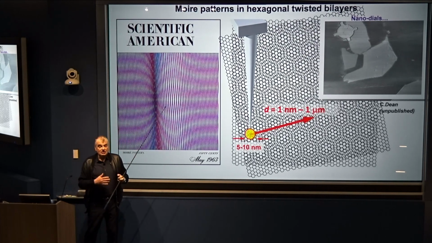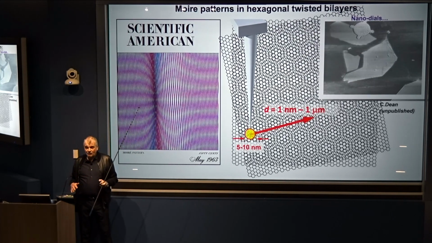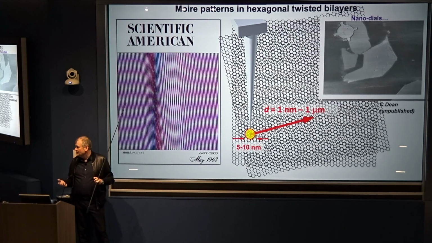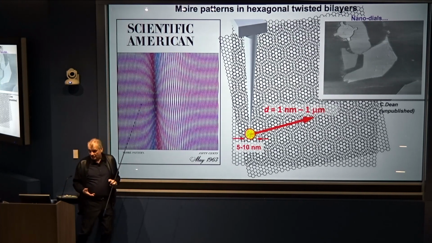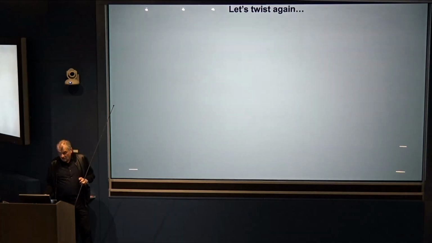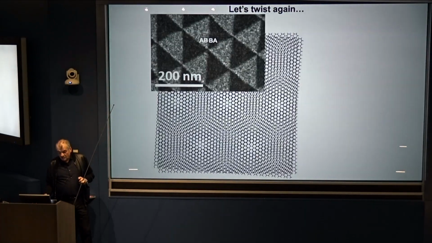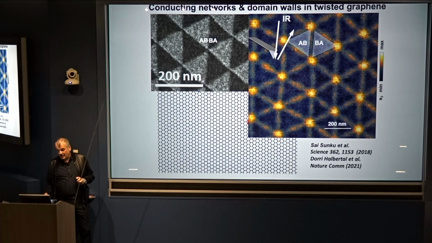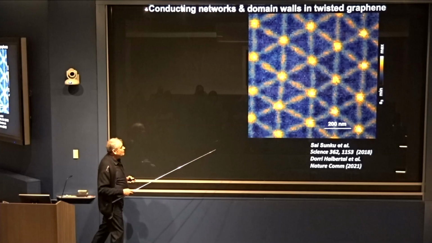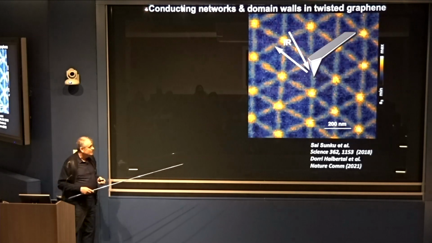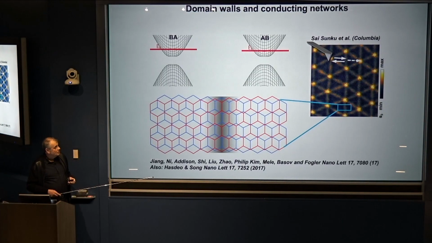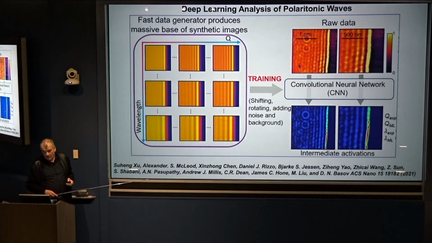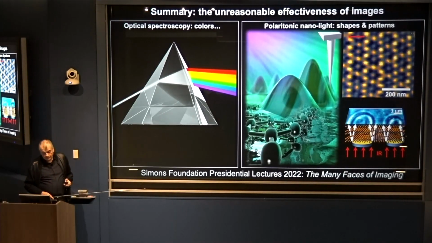This is as close to science fiction as I have ever been in my career, and it's amazing that it's not just fiction but science fact now, and that it all works. So nano-optics has allowed us to visualize, with the help of polaritons, these domain walls and to understand the physics of these domain walls. And we were very happy that we could decipher this physics from these images.